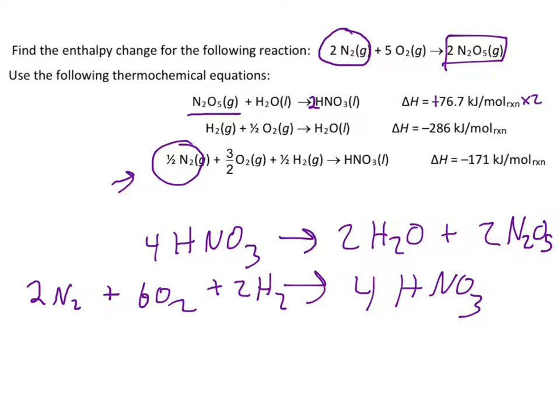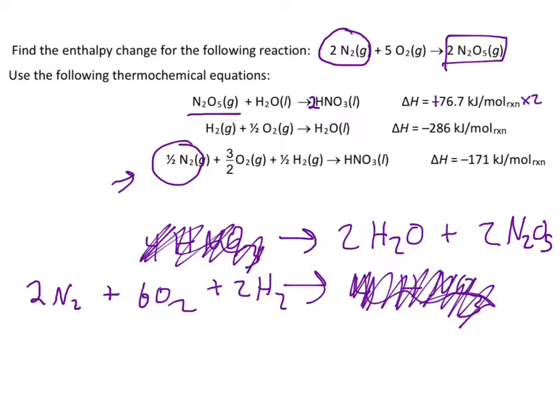Now first off, what I want to point out is this here cancels out. So let's go ahead and cancel out what we already have canceled out. So this cancels here. Again, those are the same thing on both sides, cancels out. Now the next thing I want to point out is we've fixed this one here by multiplying it by 4.